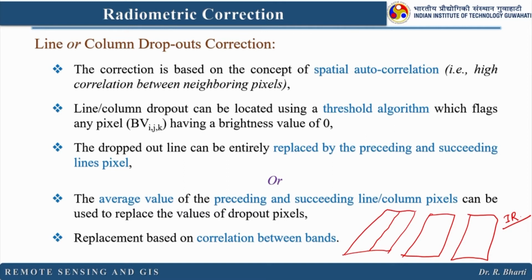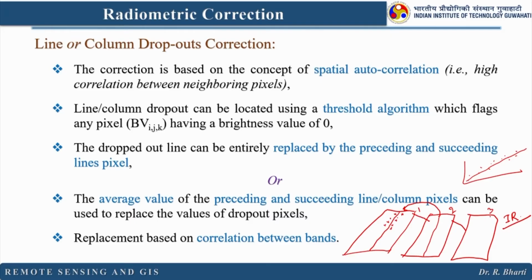Instead of calculating the average of these particular pixels, we can plot the correlation between these bands. You plot all the pixels: band 1, band 2, band 3. If this is highly correlated, then it is better to use this particular pixel value and replace the 0 with it, right?